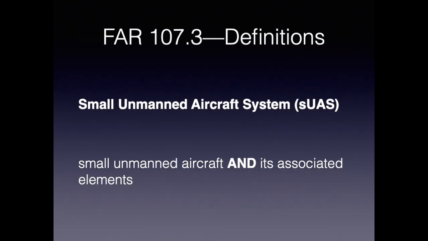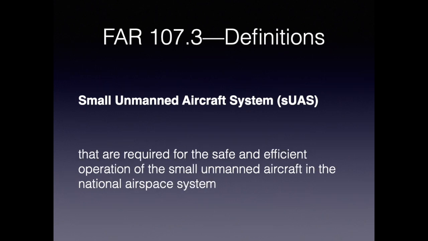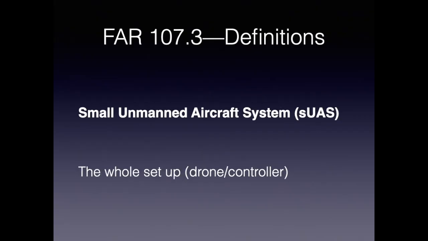And so this, again, includes all the communication links and the components that control the aircraft, everything that's required for safe and efficient operation of the small unmanned aircraft in the National Airspace System. Again, so this is the entire setup, the drone, the controller, everything.